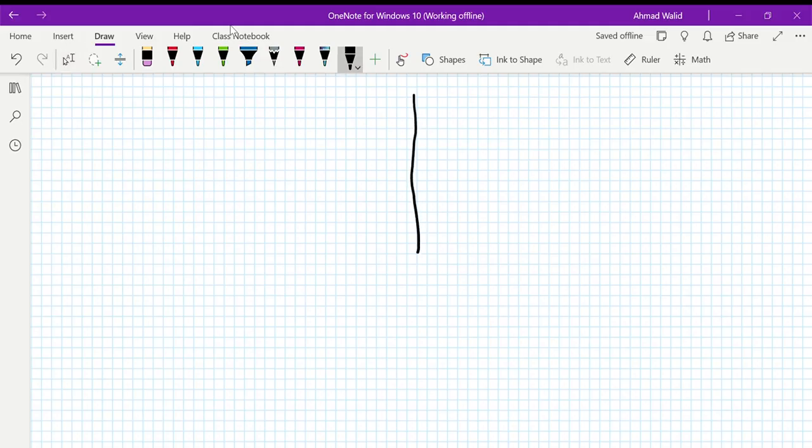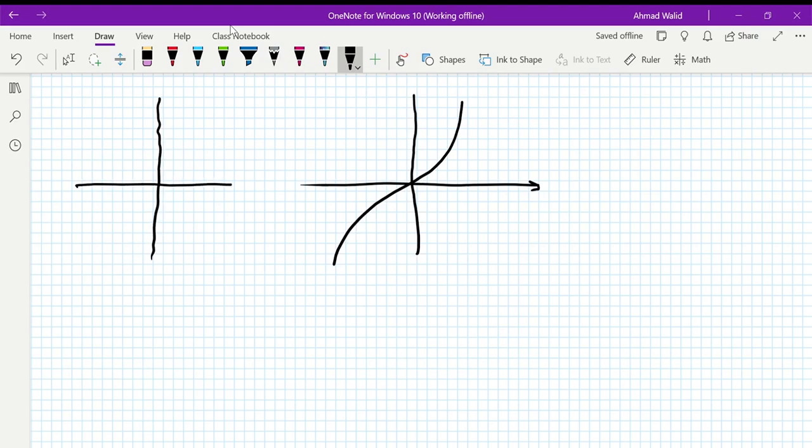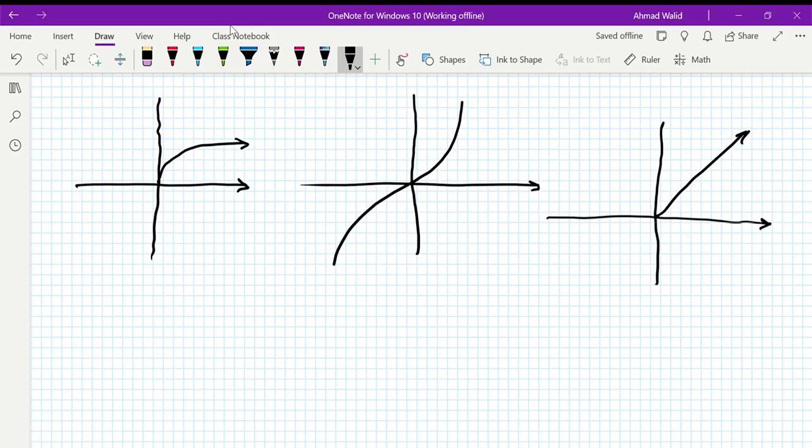If they give you a few graphs like this, for example, this graph, or they give you this, or they give you this graph, which one of these graphs are one-to-one?